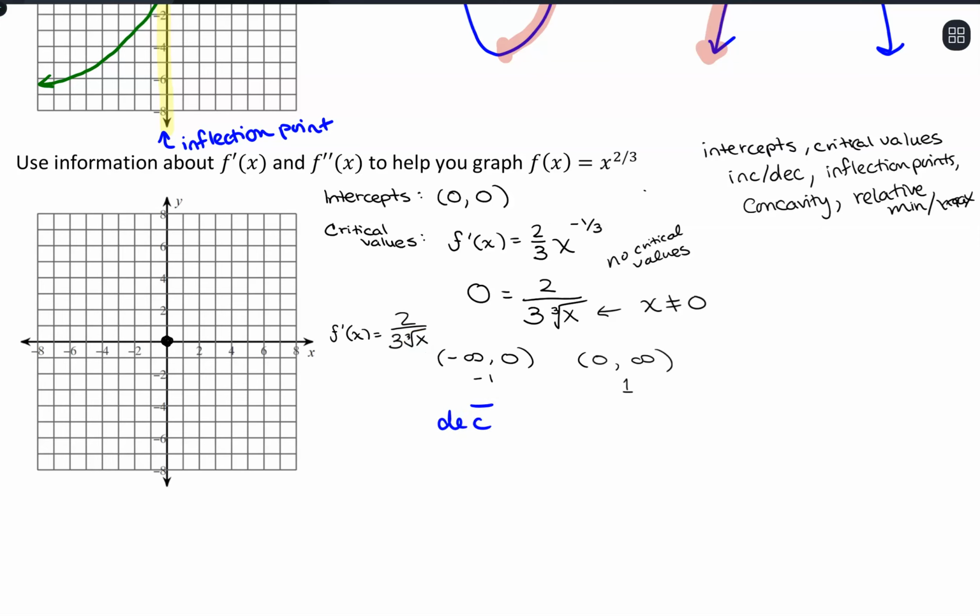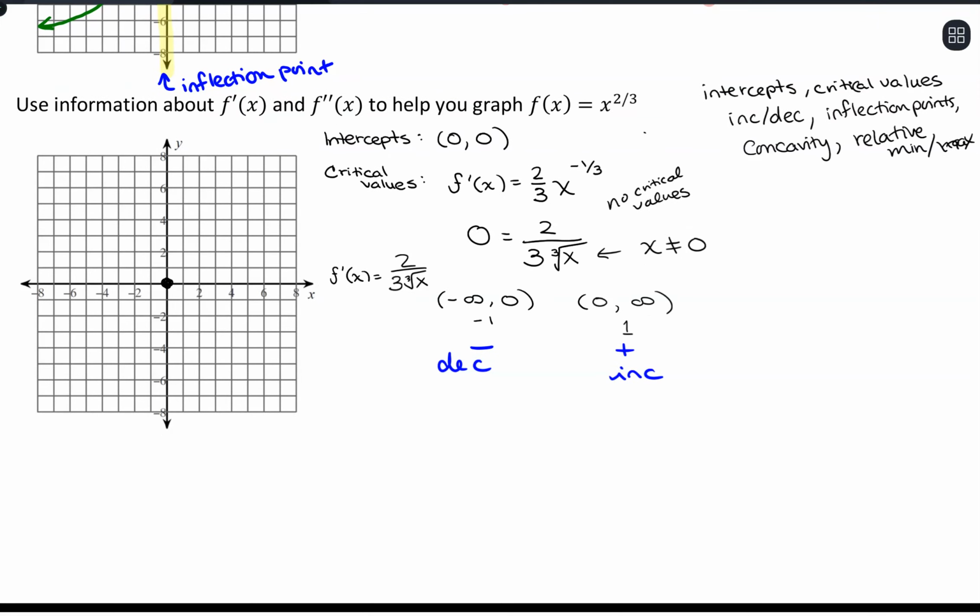So we're seeing decreasing over there. If we plug in +1, the cube root of +1 is +1, so +2/3. So we're seeing increasing, and that's where we get a change in trend. So for critical values, we're seeing x equals 0 as a critical value. It's just a special one where our derivative is undefined. So with that, we get increasing occurring from 0 to infinity.